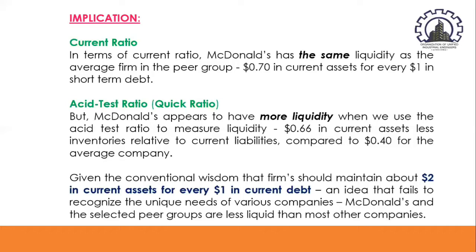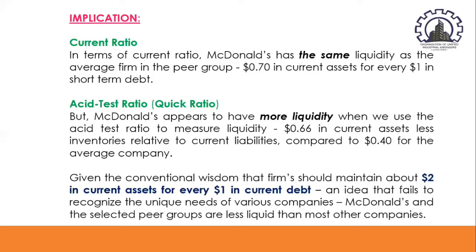If you have less than $1 in assets for every $1 of current debt, chances are your company will have a hard time paying off your loan or your maturing debt obligations, because, like I said earlier, conventional wisdom is that firms should maintain about $2 in current assets for every $1 in current debt.